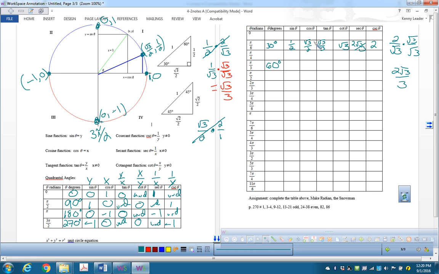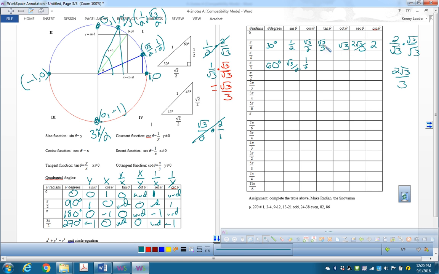When I'm at 60 degrees, I'll try to draw freehand, so this is pi over 3, and the coordinates at this point are 1/2, comma, root of 3 over 2, right? That's the coordinates up there on the top when this angle is 60. And so now, this is going to be root of 3 over 2. This is going to be 1/2. These two things flip places.